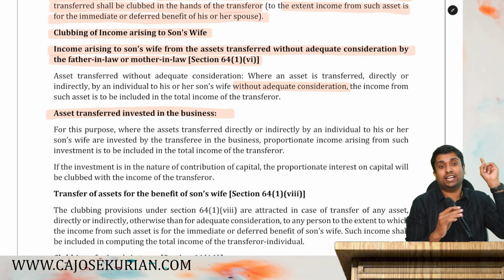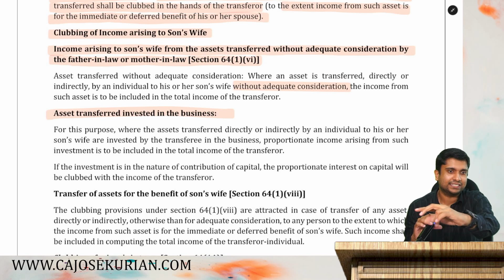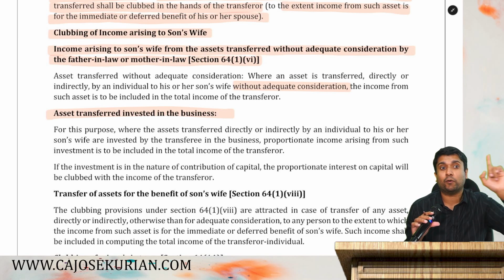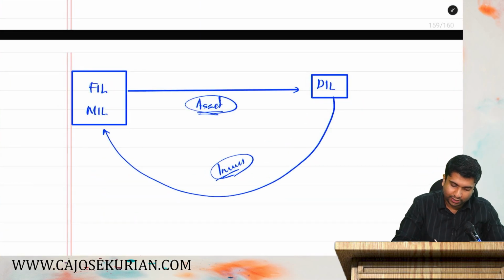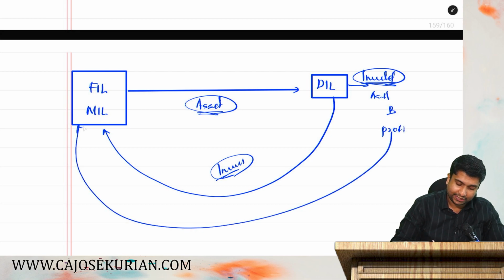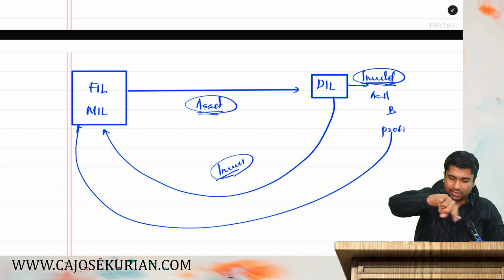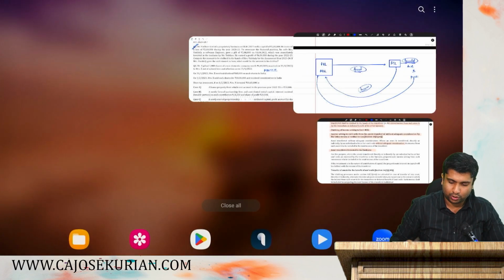If the daughter-in-law, listen, these are very simple repetitions of the past points, invests that money in business, then the profit has to be apportioned based on the opening capital, and it will be assessed in the hands of the father-in-law or mother-in-law.